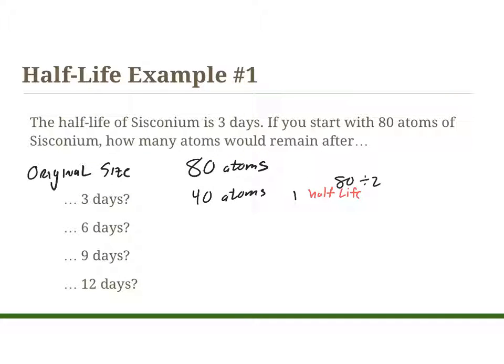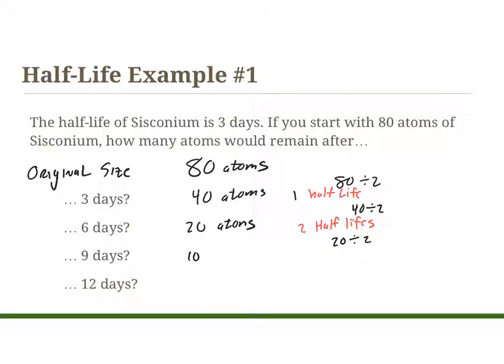And if I wanted to go and find out what would happen after 6 days, I would take 40 divided by 2, and that would get me 20 atoms. So that's 2 half-lives. And then after 9 days, I would take 20 divided by 2, because that's half, right?